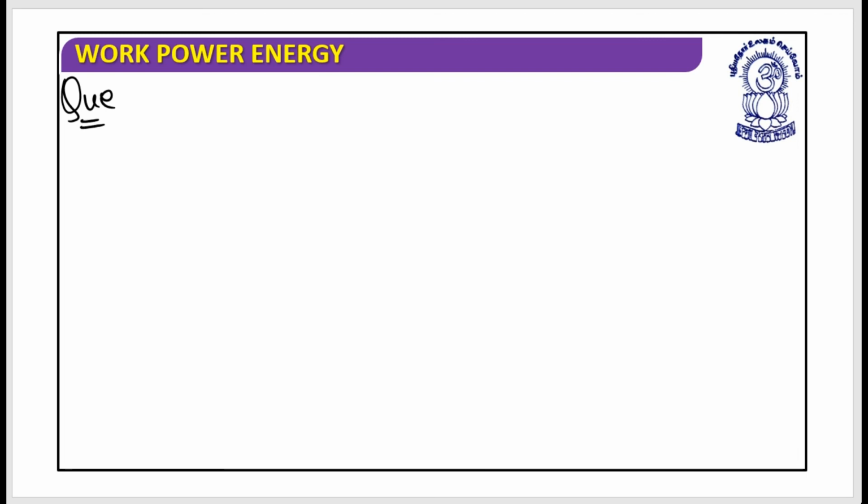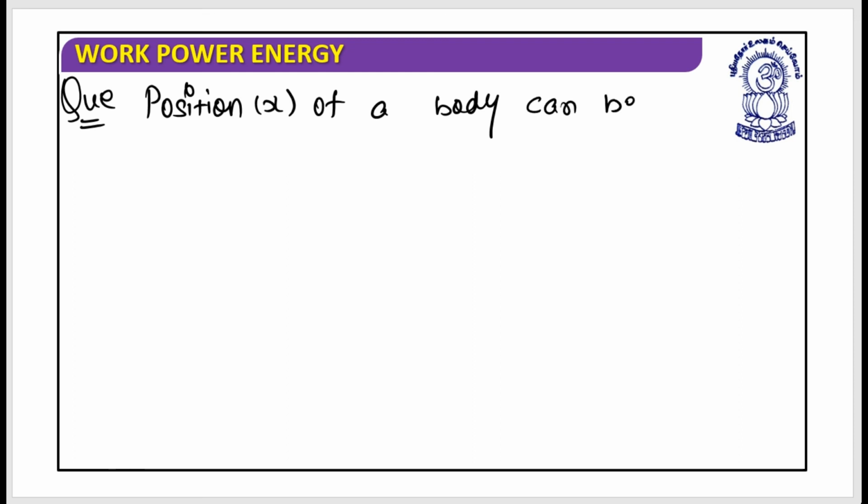Let's look at this. It says that the position x of a body can be given as x equals 3t square.